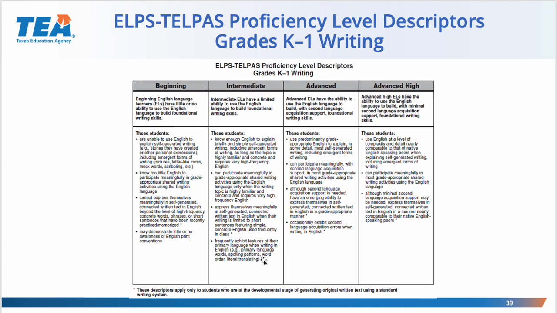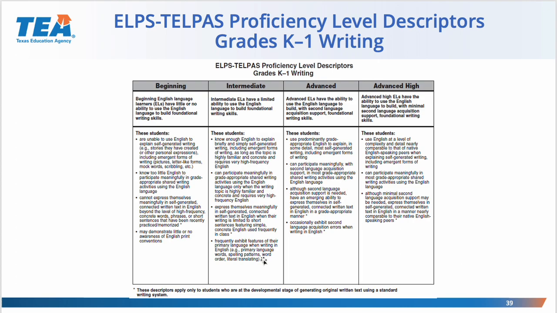So the thing about knowing if it's a primary language feature is you have to know the primary language. So in Garland ISD, the majority of our emergent bilingual students are Spanish speaking. There are 70 plus languages spoken in our district.